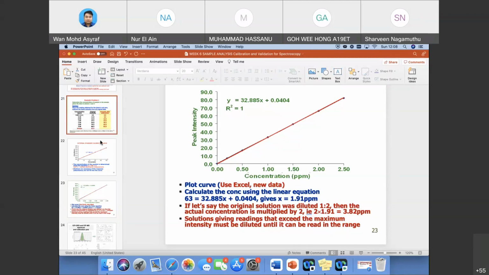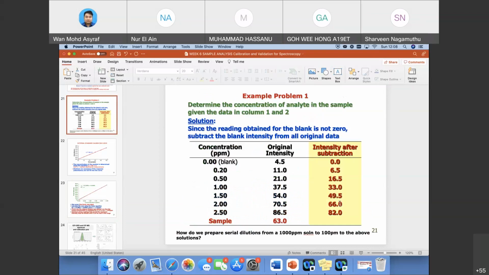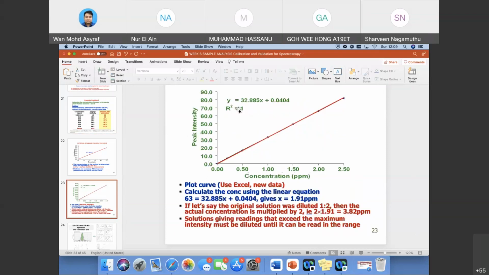So for example, when you do any type of instrument later on, you've got this data, you subtract it already in your Excel. Then you straight away create this kind of calibration curve. It straight away gives you R square and the line equation.